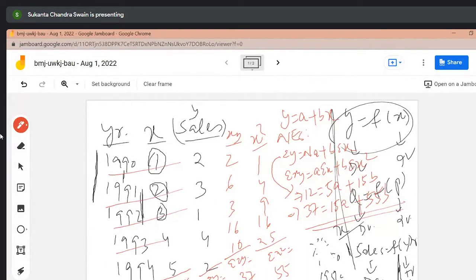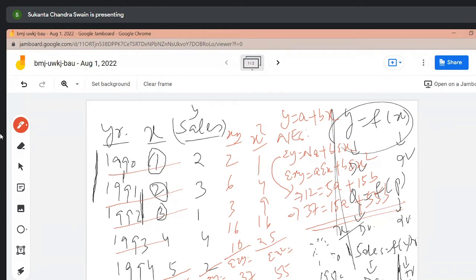So are you solving this one? Yeah. The first equation is 12 is equal to 5a plus 15b. Second equation 37 is equal to 15a plus 55b. So solve these two simultaneous equations either by substitution method or by elimination method and tell me the values of a and b.